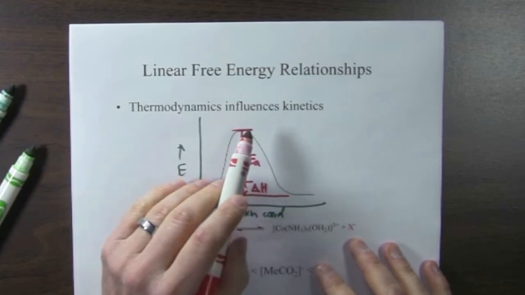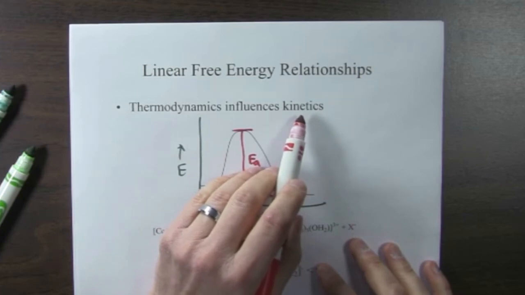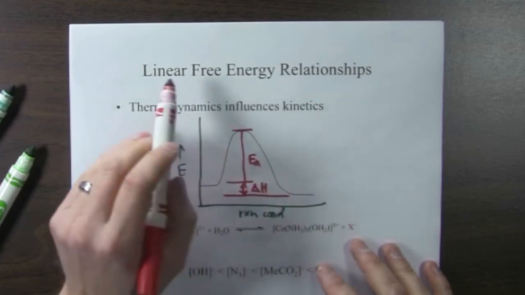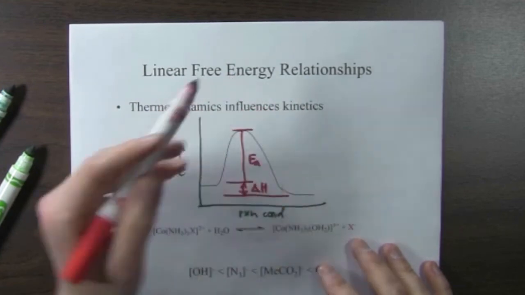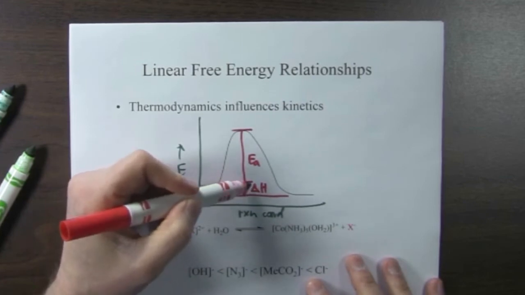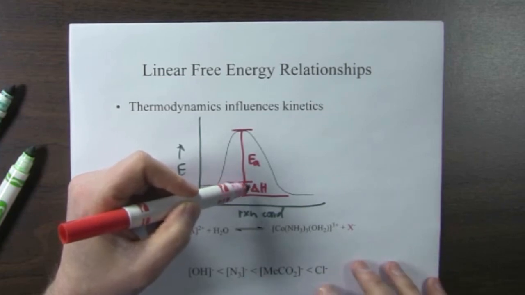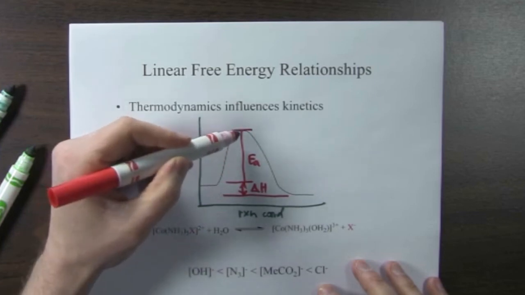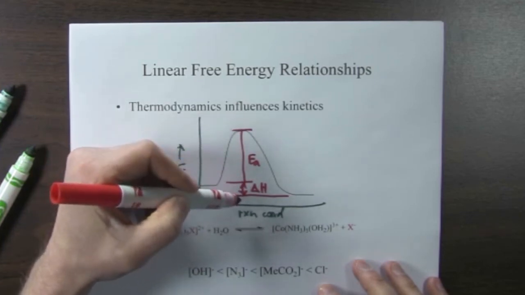So back in Gen Chem, we taught you about thermodynamics, we taught you about kinetics, and we said they're separate. Here we see that actually they're related by what are called linear free energy relationships, which says that if we change the free energy, I'm showing enthalpy, but delta G I could do as well. If I change the energy here, that can change the height of this energy of activation.